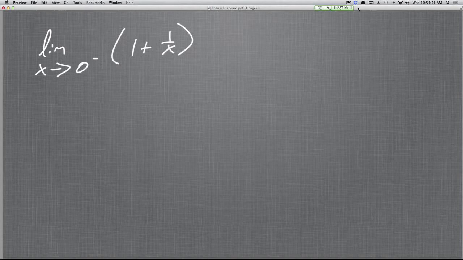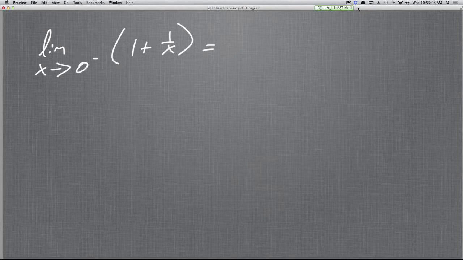The limit as x approaches 0 from the left of 1 plus 1 over x. So what happens when I plug in? I get 0 in the denominator and a number on the top, which means I have an asymptote. So that means my options are infinity or negative infinity. Okay, this is 0 from the left, so what do I want to think about?